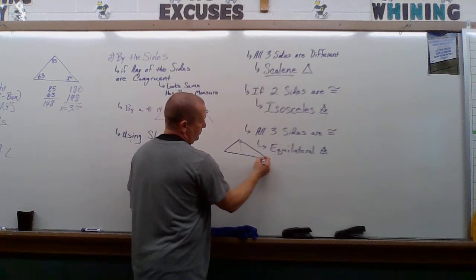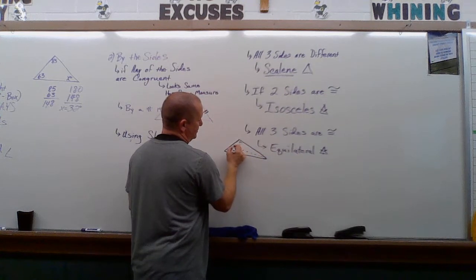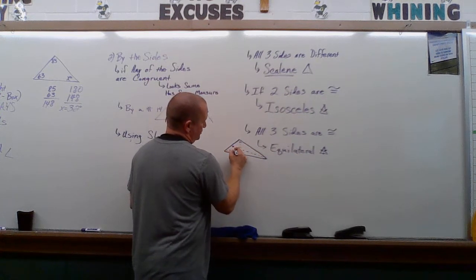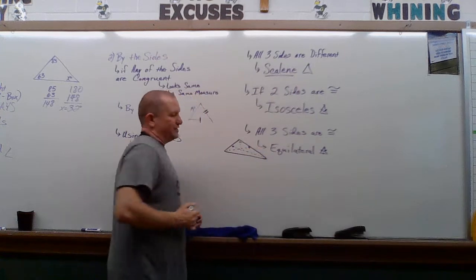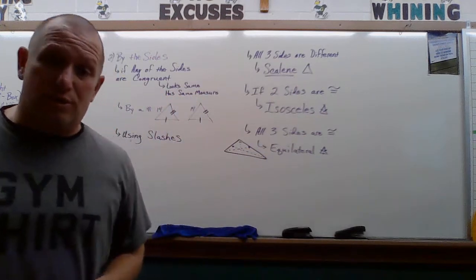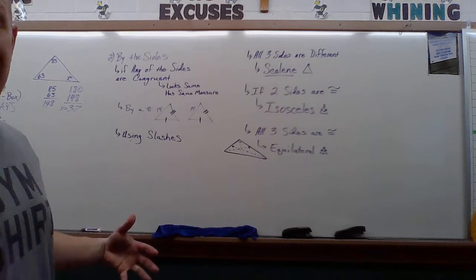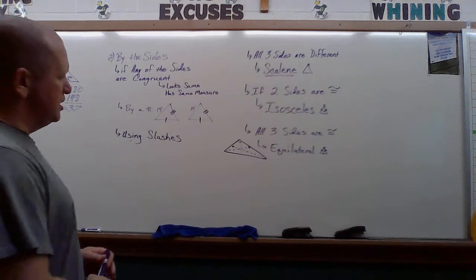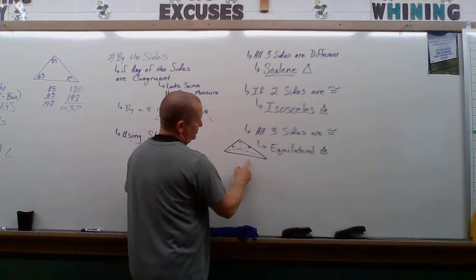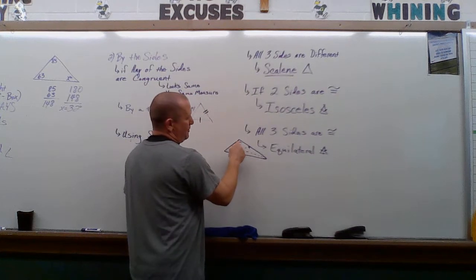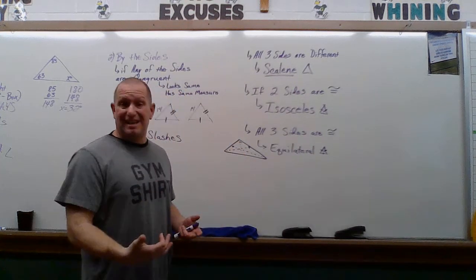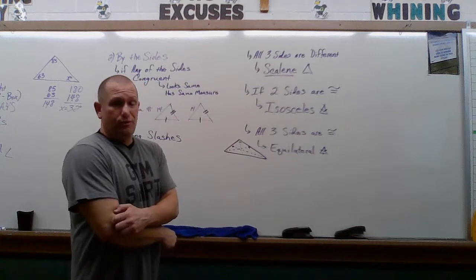This angle right here is opposite of that side right there, and so on and so forth. The lengths of the sides correspond with how big the angle is opposite of it. Because this side right here is the longest side, the angle opposite of that should be the biggest angle in the triangle, and so on and so forth.